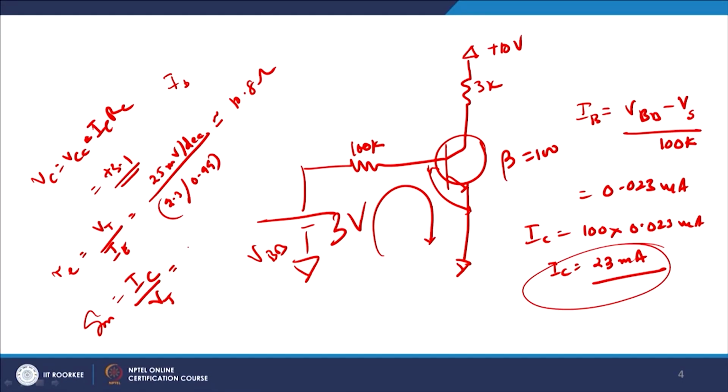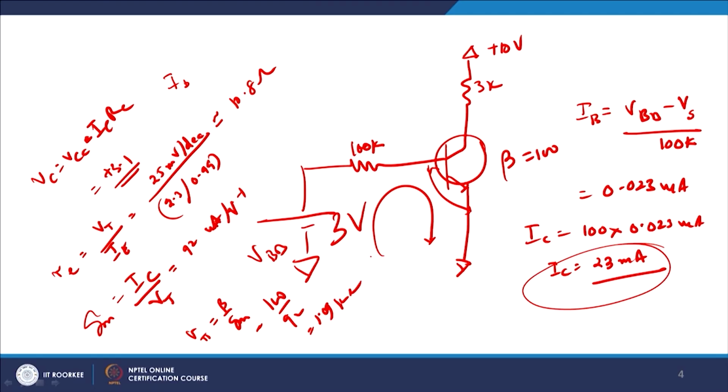Transconductance gm can be written as IC by VT, and therefore this can be written as 92 milliampere per volt. R pi is beta by gm, so we get 100 by 92 kilo ohm.